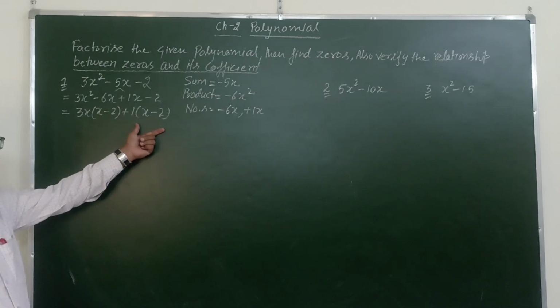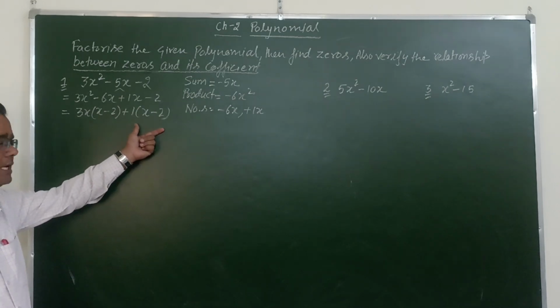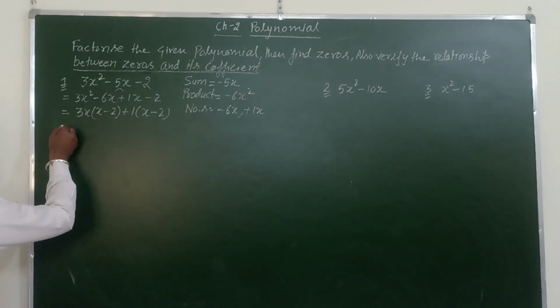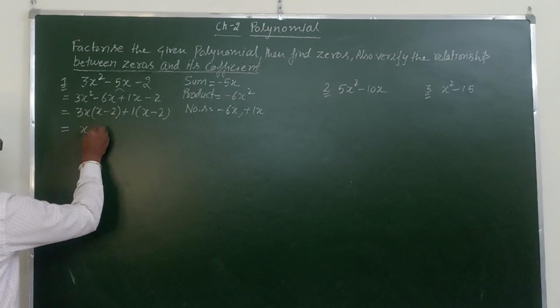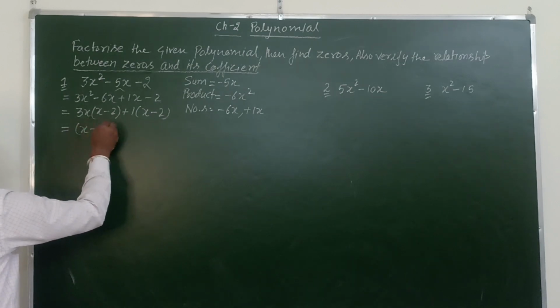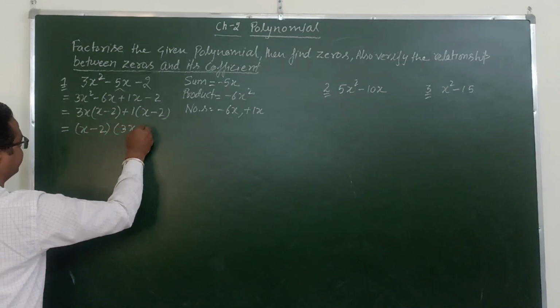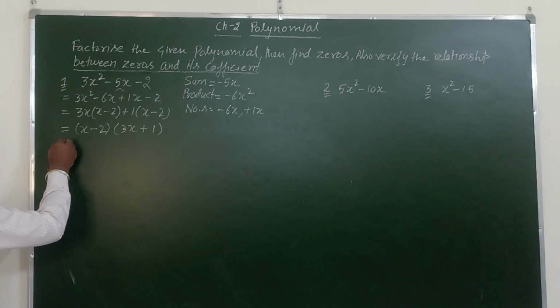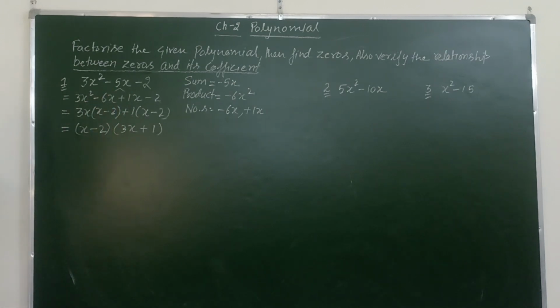If these terms are not equal, check your calculation once again because these two values should be same. Next step, we take x minus 2 common. What is left? 3x in the first bracket and plus 1 in the second bracket. So (x minus 2)(3x plus 1) is the factorization of 3x square minus 5x minus 2.